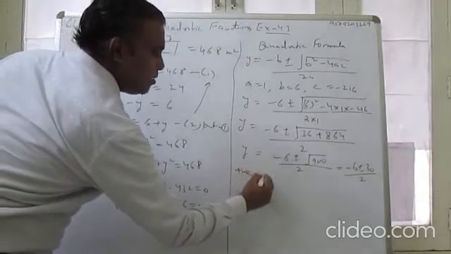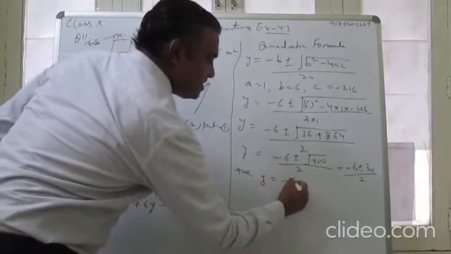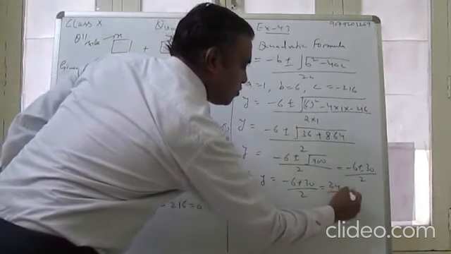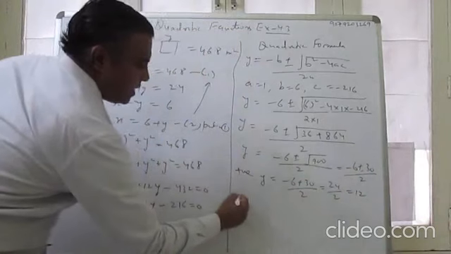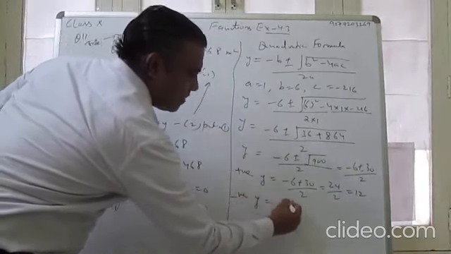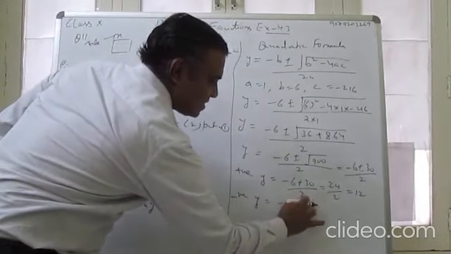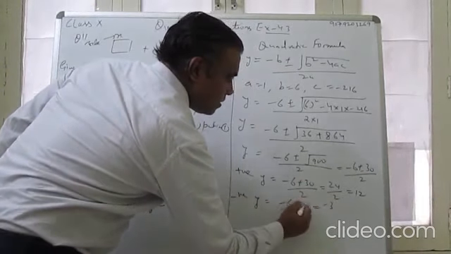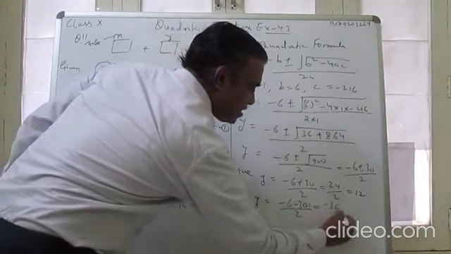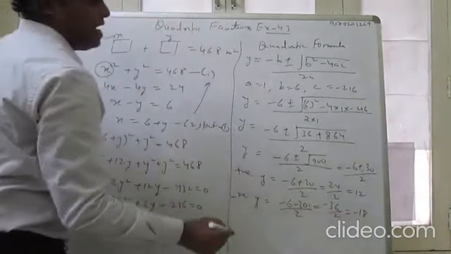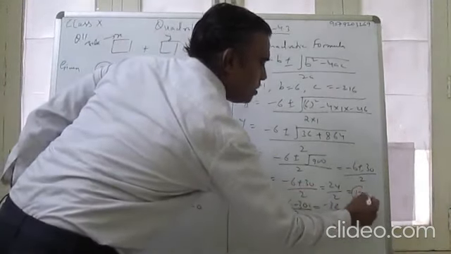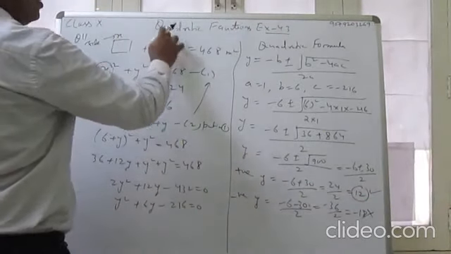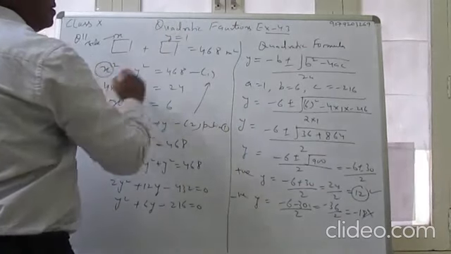Take the positive sign, you will get y is equal to minus 6 plus 30 upon 2, means 24 upon 2, is equal to 12. Take the negative sign, minus 6 minus 30 upon 2, minus 36 upon 2, minus 18. A side is not negative, so 12 is the side.